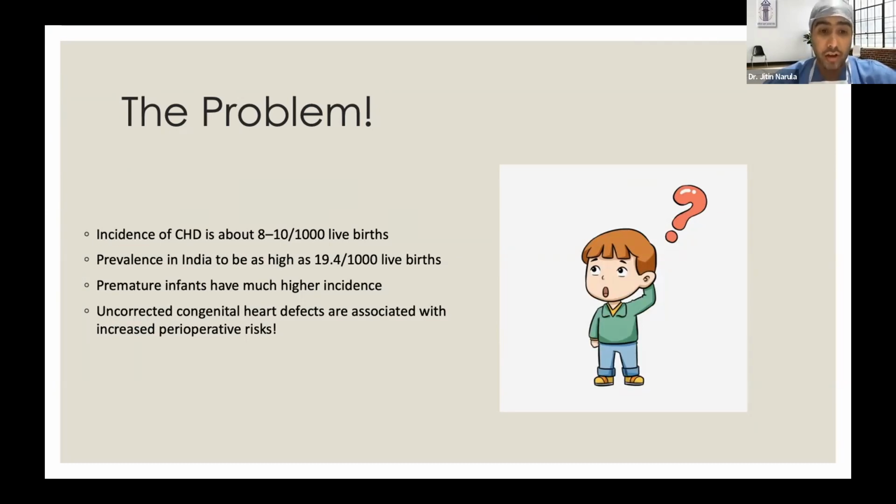Premature infants have a much higher incidence. We are very concerned about such patients presenting for surgeries because any child with an uncorrected congenital heart defect is at an increased perioperative risk. We will be discussing most of these risks during the course of this session.